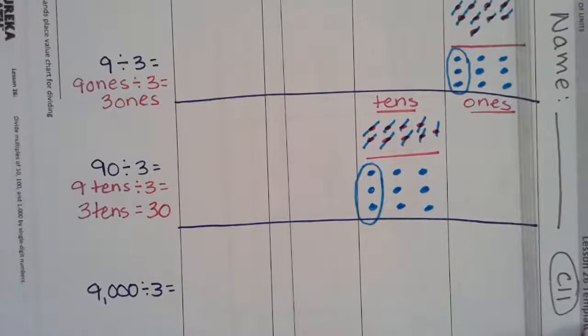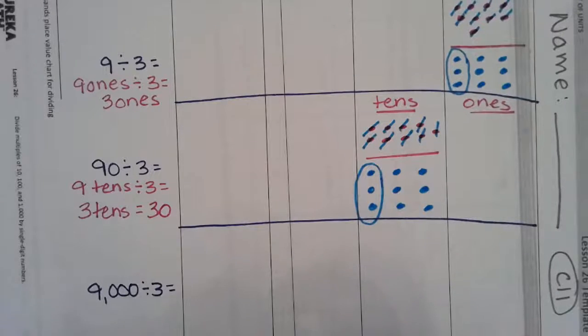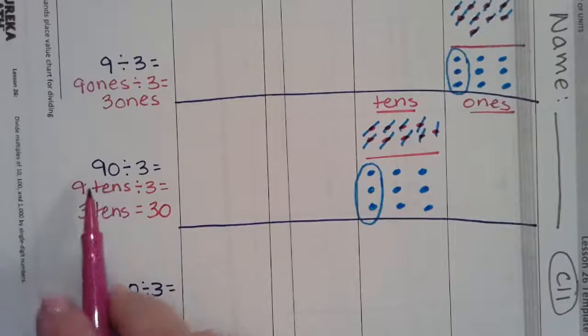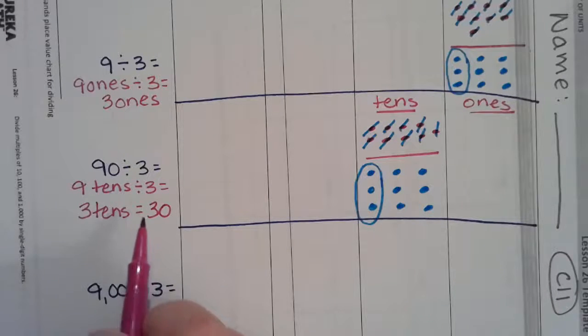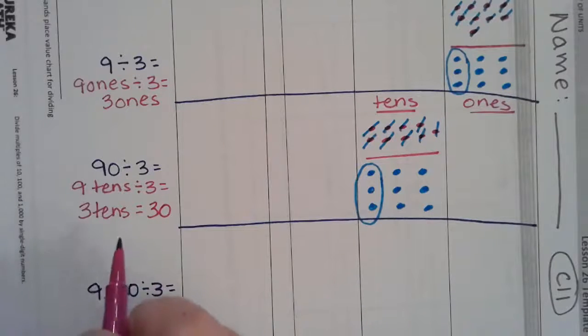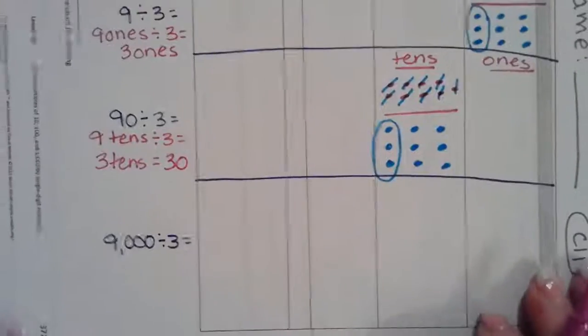Okay, 3 tens is equal to 30. Alright, now 90 divided by 3, 9 divided by 3 is 3. Let's start thinking about what patterns can we use. What patterns can we use? What are we recognizing? Alright, let's go on down.